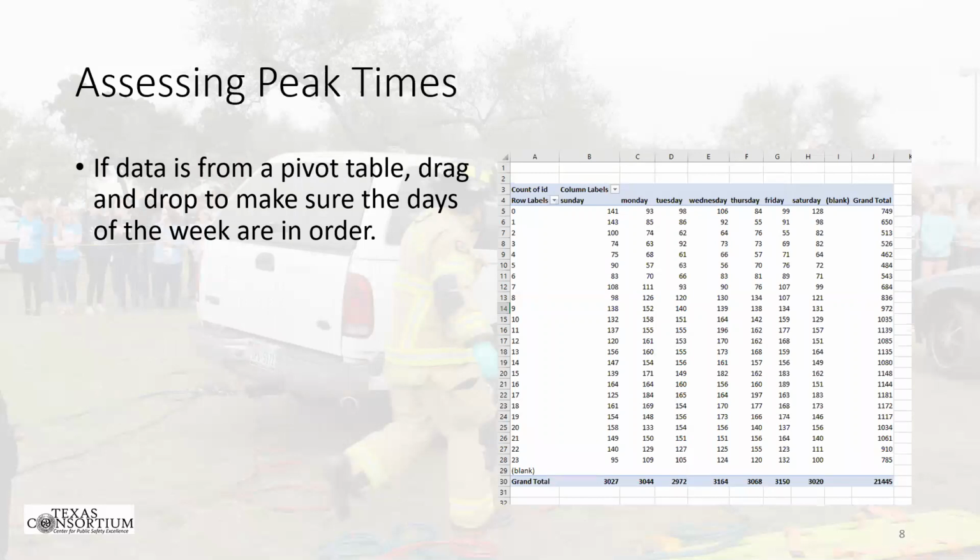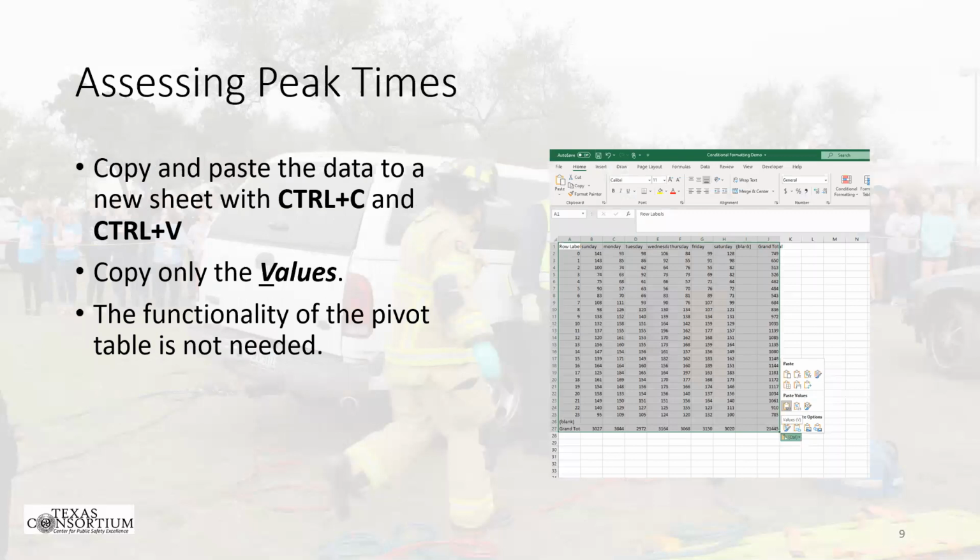So you can drag and drop the days so the days of the week are in order. And then you would cut and paste this to a clean spreadsheet. Only copy the values because you really don't need the functionality of the pivot table once everything's adjusted.